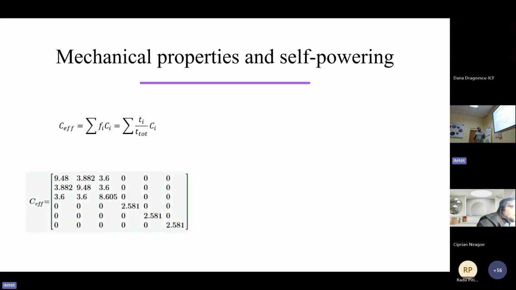In the end, because I talked about the hybrid layer, it may introduce a self-powering feature. First of all, I calculated the stiffness matrix for the whole detector, which can later be used, if needed, to determine Young's modulus and bulk mechanical resistance.